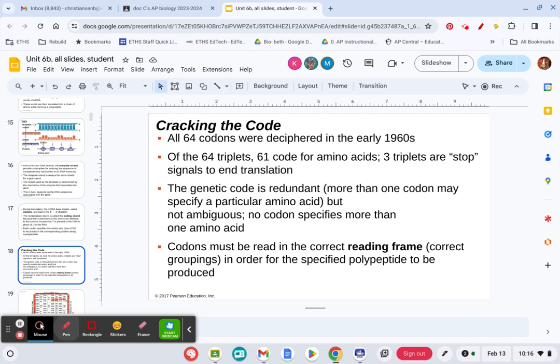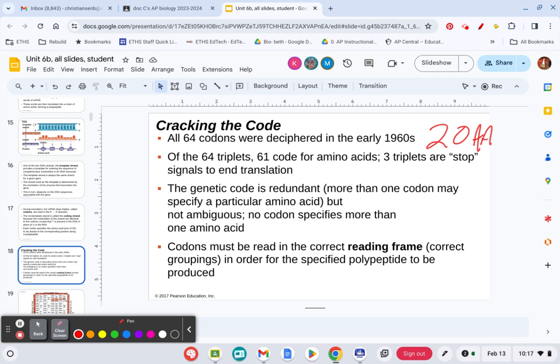So I alluded to this yesterday, that there were 20 amino acids. So we have 4 bases, A, C, T, and G. That's all we have. So if I have just A, C, T, and G, can I make 20 amino acids? Well, I can't have 1 letter, right?